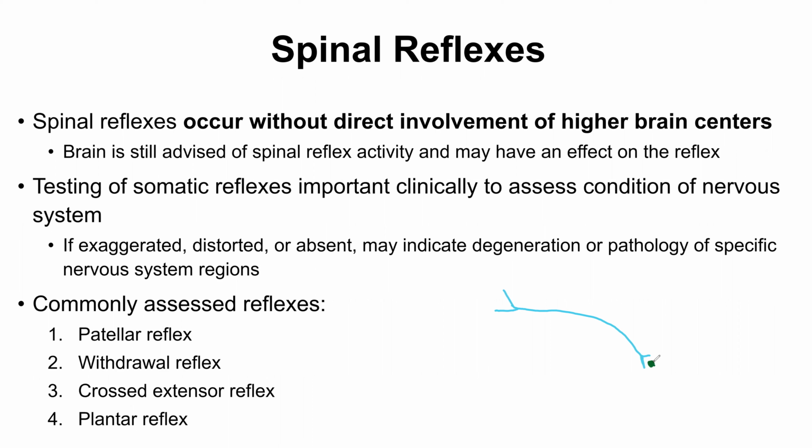We'll say maybe there's an interneuron. And we're going to call this one our motor neuron. So we're going to say that all of this is occurring within the spinal cord.